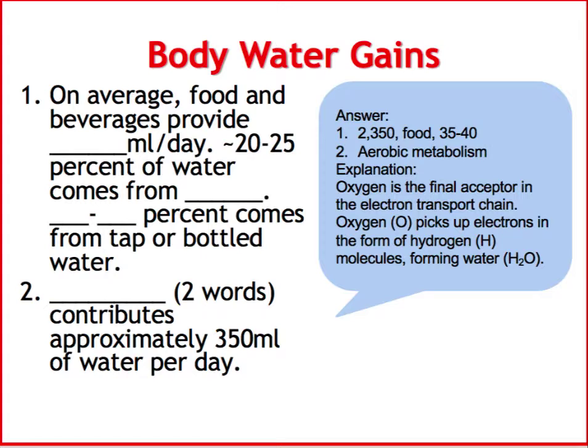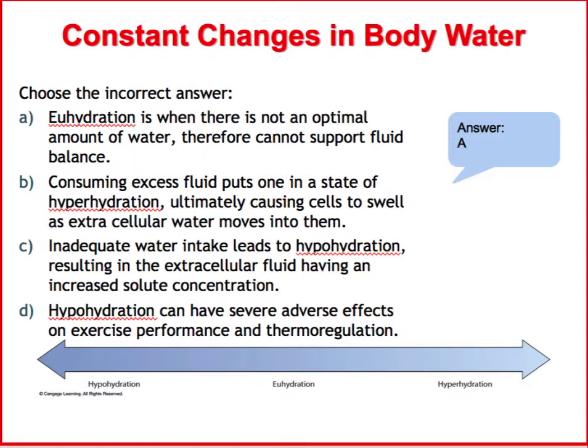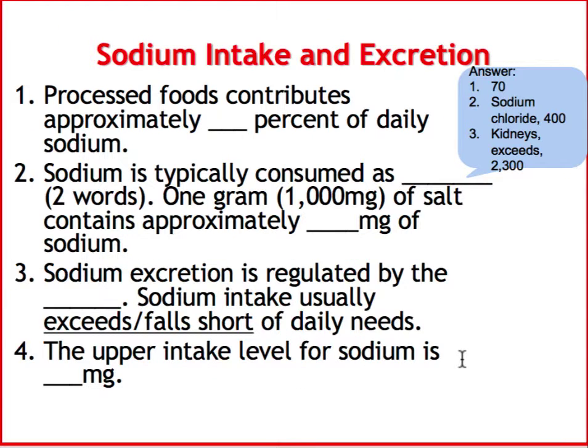You could think about, for example, a watermelon versus something that's very dry, an oat bran pretzel. That's a great example. And you can look at this slide and think about hypohydration, euhydration, and then hyperhydration, and those definitions.